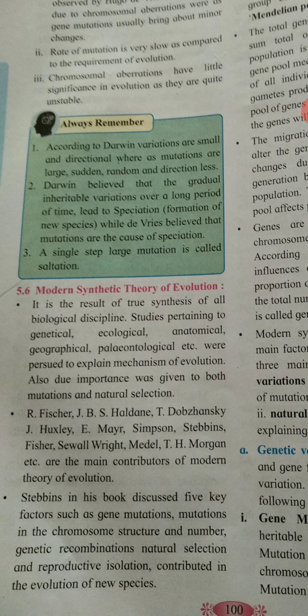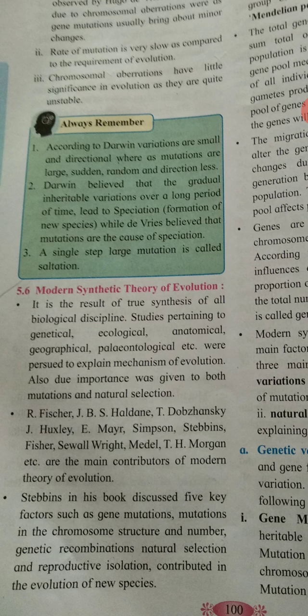Mutation means changes can occur in organisms, and natural selection means the environment itself affects the selection of organisms. Few scientists discovered these, and they are the main contributors to the modern theory of evolution.